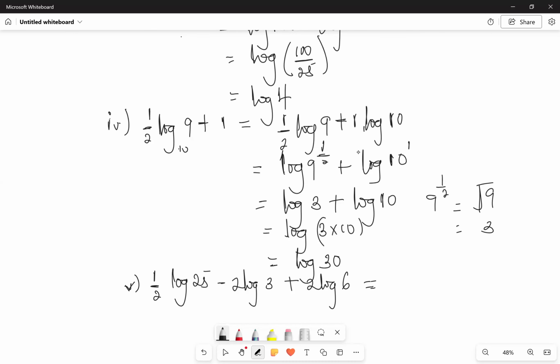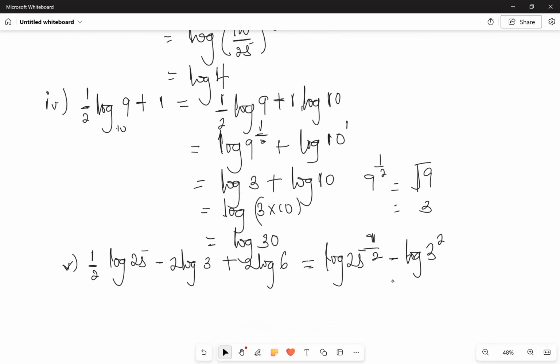All right, so let's look at this together. So let's look at log 25. Let's push the half up. So exponent half minus log 3 squared, plus log 6 squared.